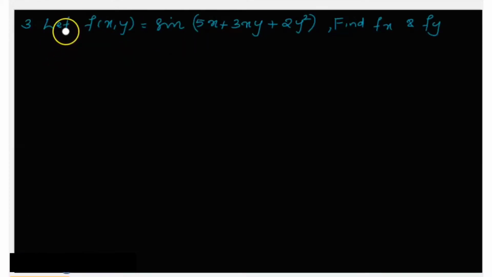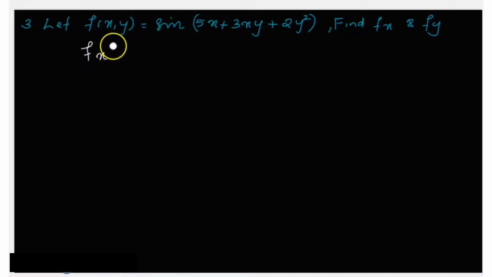Next problem. Let f(x,y) = sin(5x + 3xy + 2y²). Find fx and fy. So I am going to differentiate first partially with respect to x. That is fx.